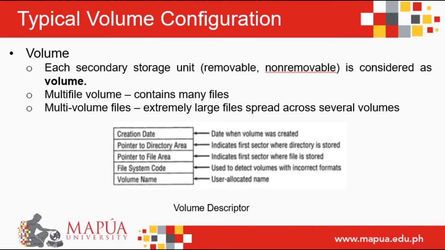Below is the volume descriptor, which contains the creation date, which shows the date when the volume was created, the pointer to directory area, which indicates the first sector where the directory is stored, the pointer to file area, which indicates the first sector where the file is stored, the file system code, which is used to detect volumes with incorrect formats, and the volume name, which is the name given by the user to the volume.